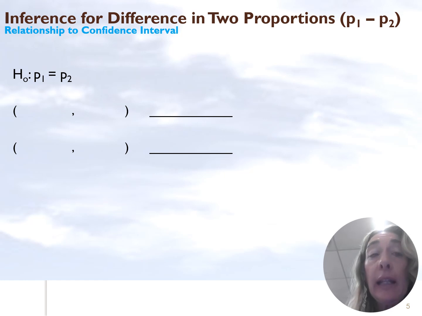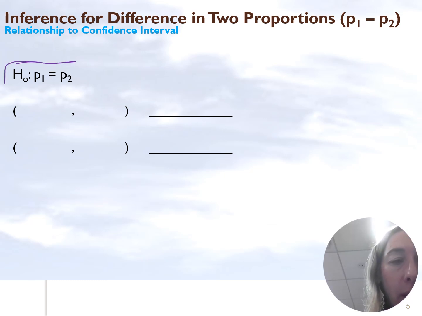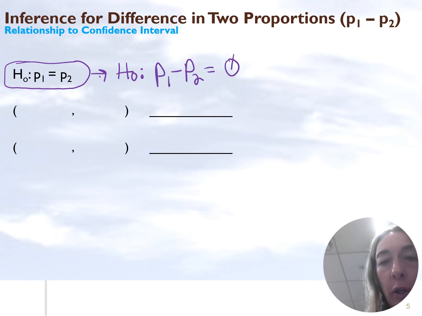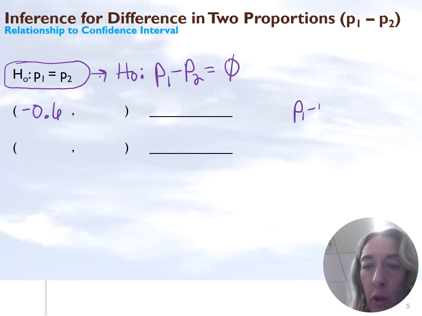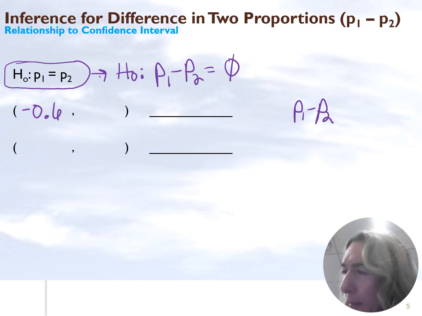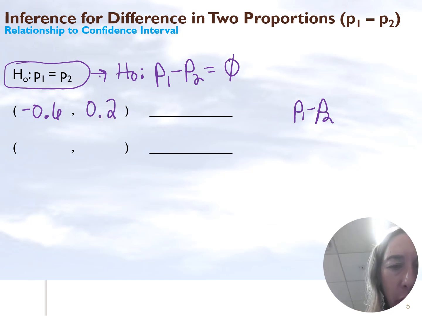Finally, let's talk about the relationship of this to the confidence interval. Again, our typical null hypothesis is that P1 equals P2. Another way to write that is P1 minus P2 is 0. So in other words, no difference in those two proportions. Let's say I calculate the following confidence interval representing the difference in two population proportions: negative 0.6 to 0.2.